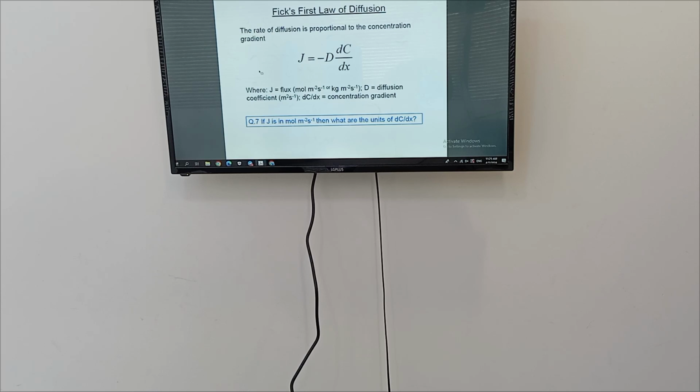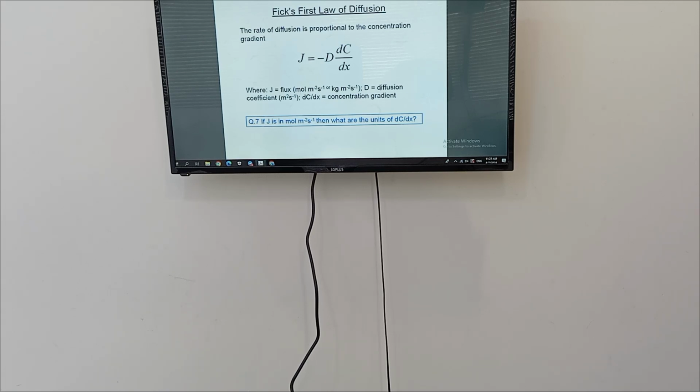Fick's first law of diffusion. The rate of diffusion is proportional to the concentration gradient. So J equals minus D multiplied by dC over dx. Here J is the flux, and this is its unit.